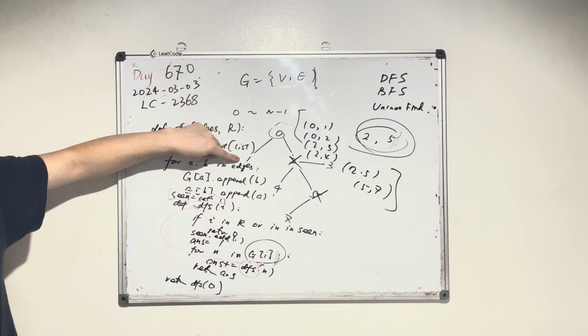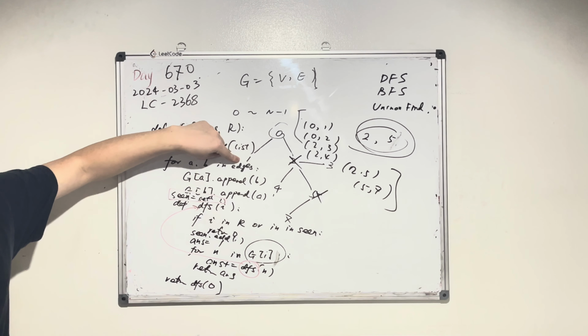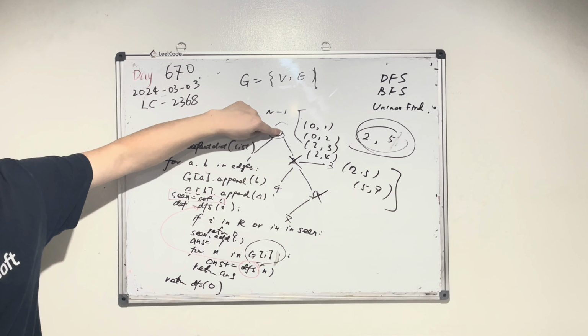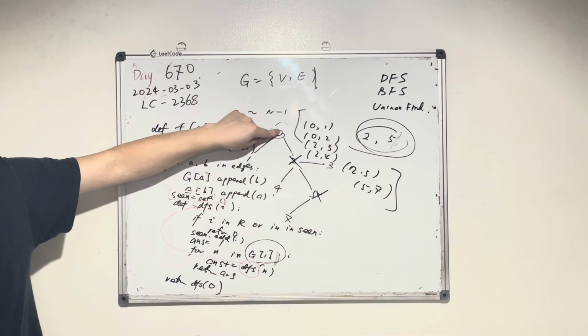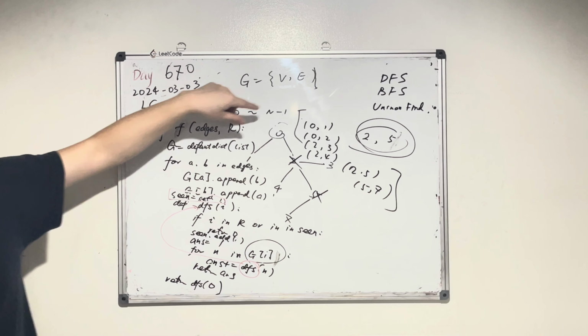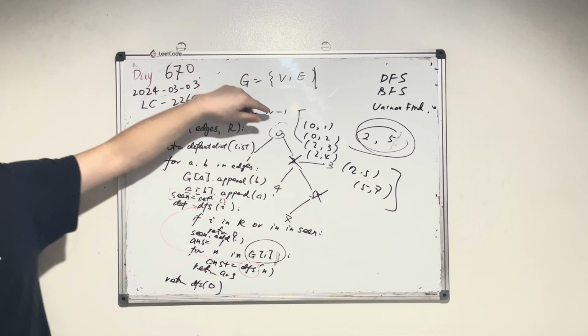Let's say we visit 1, okay? We DepthFirstSearch, we go as deep as we want, okay? But 1 also connects to 0. Then, if we don't mark node 0 as visited, what happens? We can go back and forth, and then we'll be stuck here forever, right? So we have to use the hash set to remember the nodes we have seen, okay?